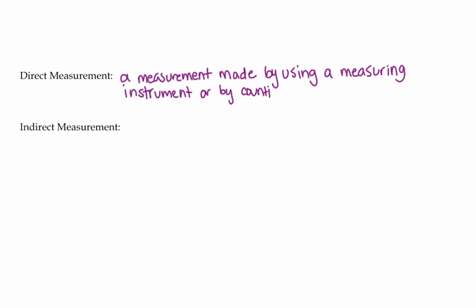Okay, so give me an example of a direct measurement. A ruler, using your ruler. A meter stick. A yard stick. And a straight edge, yeah. Even using a clinometer to measure an angle would be an example of a direct measurement. You're directly measuring it. You have a tool, and then you measure something.